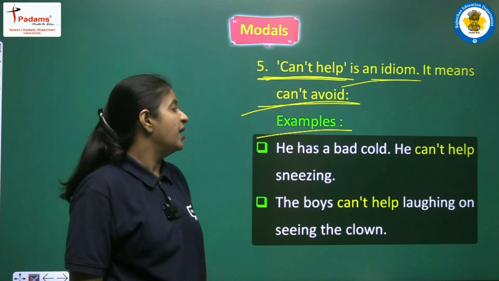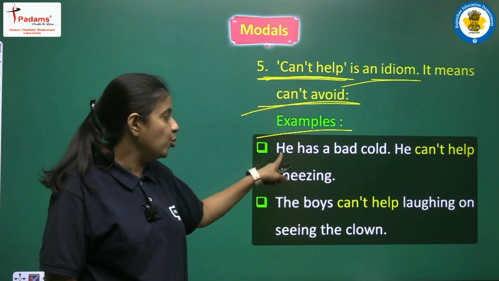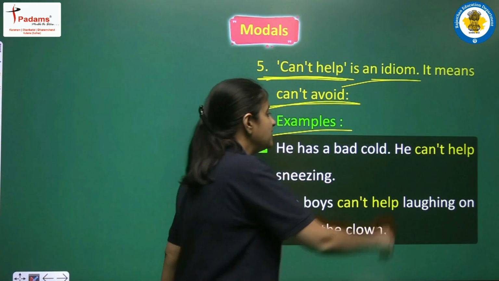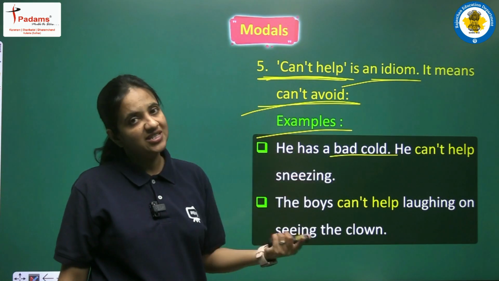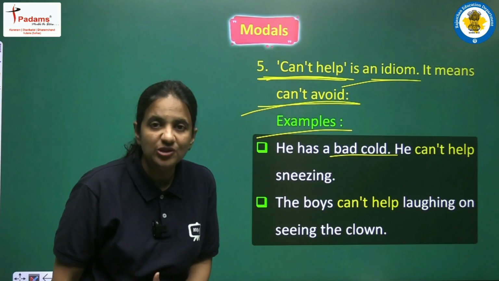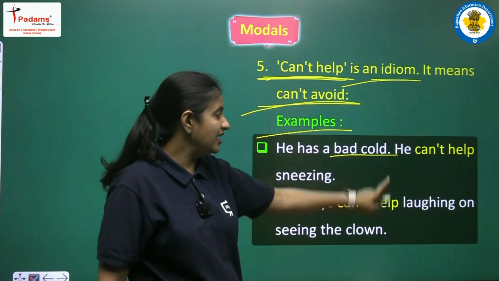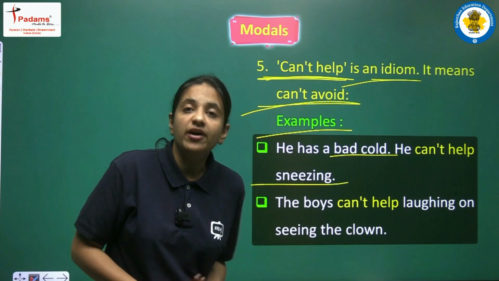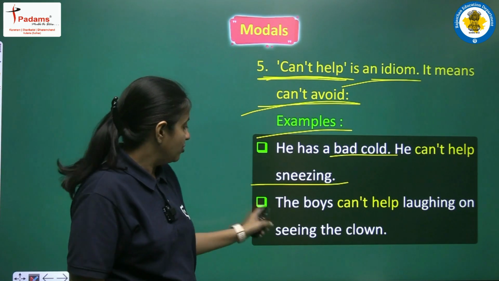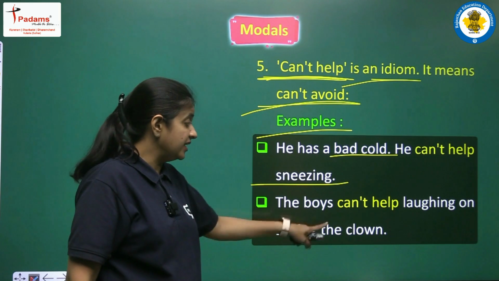He has a bad cold, he can't help sneezing. Here we are talking about one person, and that person is having a very bad cold, so obviously he is sneezing again and again, and we are saying that he can't help sneezing, or we can say that he can't avoid sneezing. Okay. One more example, the boys can't help laughing on seeing the clown.